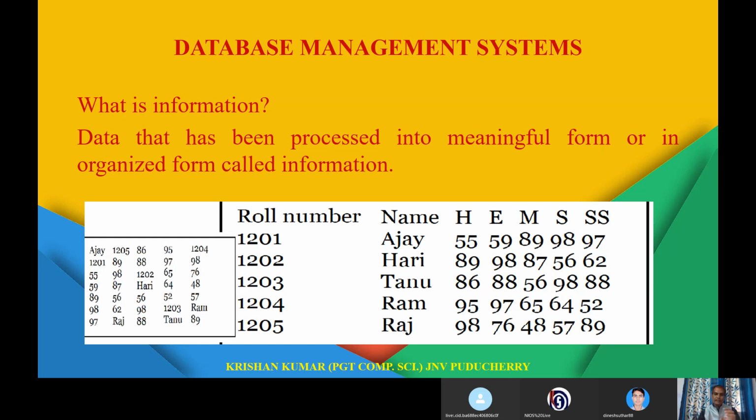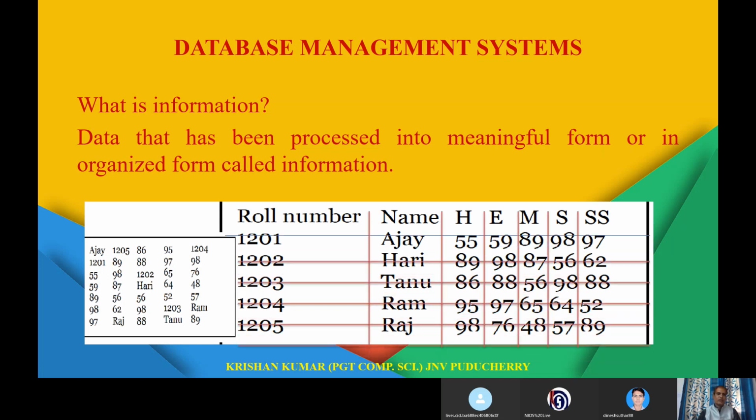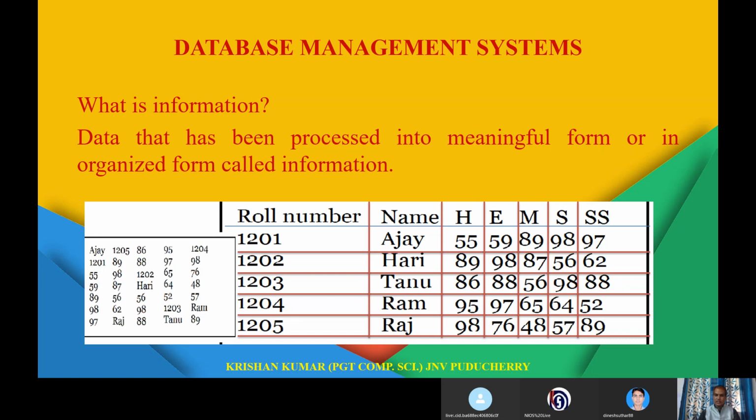Meaningful data becomes information. If you simply keep all the data as it is, that's not information. That is called simple raw data. But when you compile it, process it, and finally arrange it in a tabular form, then it will become meaningful information. The data, when it is arranged properly, is called meaningful information.